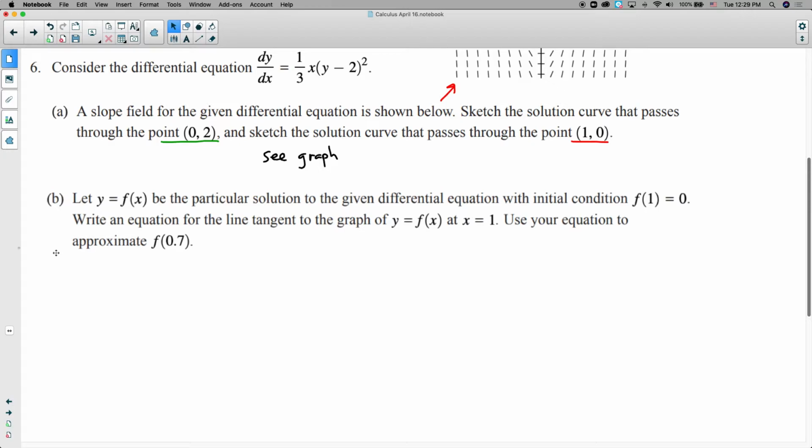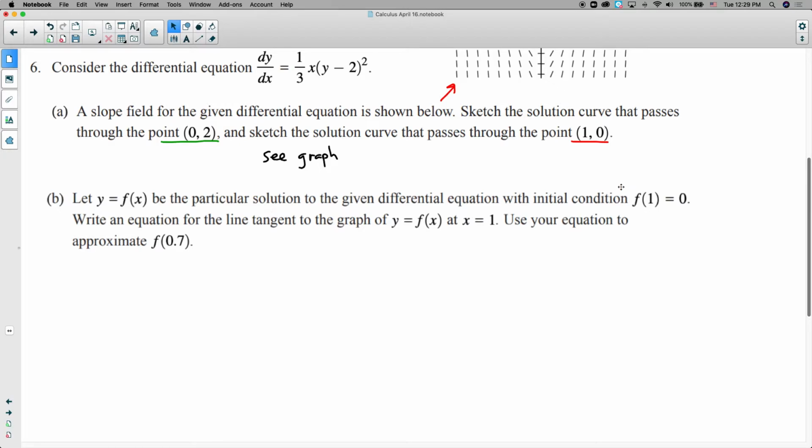we're to let y equal f of x be a particular solution to the given differential equation with initial condition f at 1 equals 0. So for the function that we haven't found, which would be y, or you could call it f of x, it has this initial condition that when you put 1 into it, you get out 0.